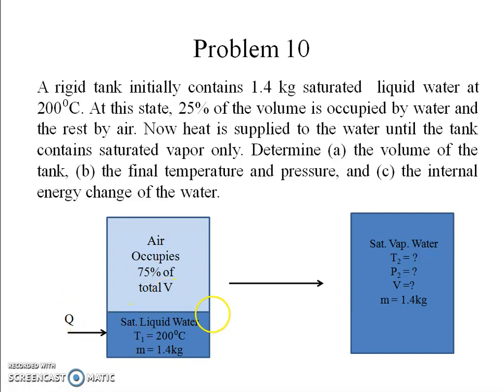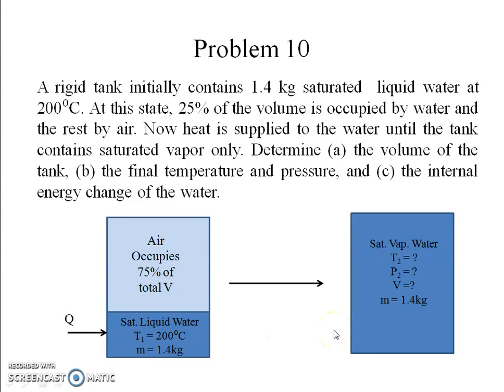Now heat is supplied till the whole saturated liquid water is converted into saturated vapor. We are asked to find the volume of the tank, the final temperature T2, the final pressure P2, and the internal energy change of water.